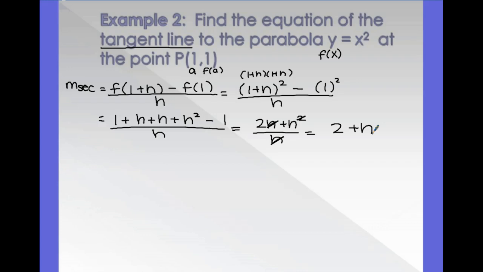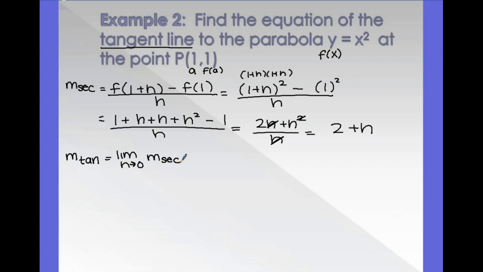Now, it said find the equation of the tangent line at a point. In order to find the equation of a tangent line, I need the slope of the tangent. The slope of the tangent is equal to the limit as h approaches 0 of the slope of the secant.